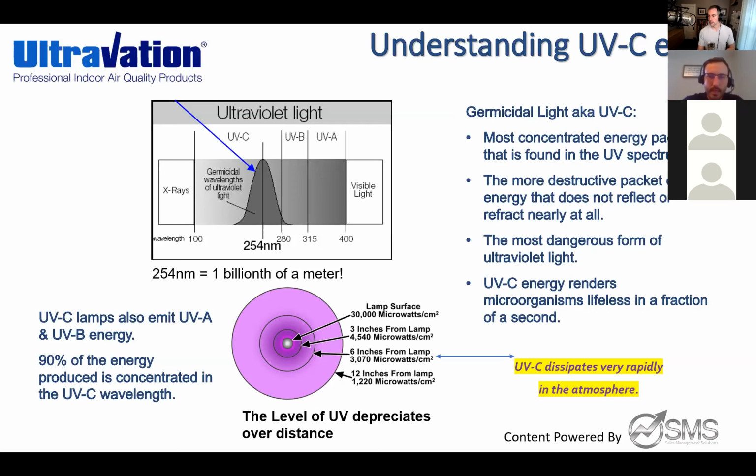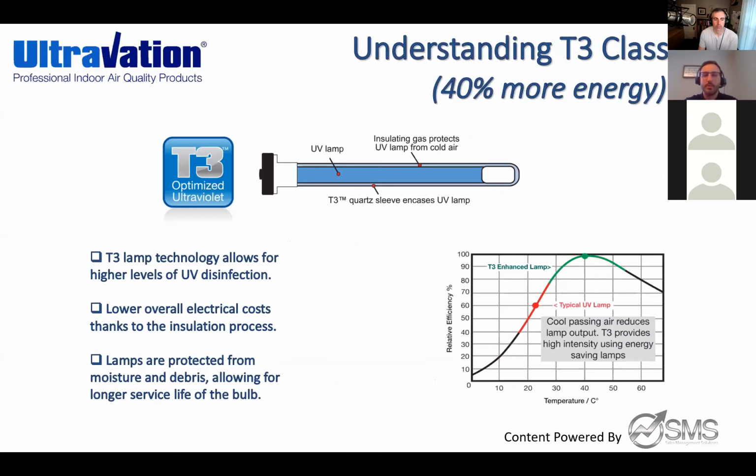If you look at the center point there, that shows you the lamp surface and the efficiency that takes place the closer it is to the surface. The further away you get, the less microwatts you get. So obviously the more lamps you use on a surface, the more disinfection you're going to be able to achieve on that surface. We'll go ahead and jump to the next.